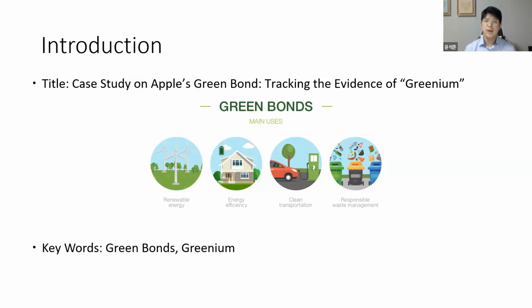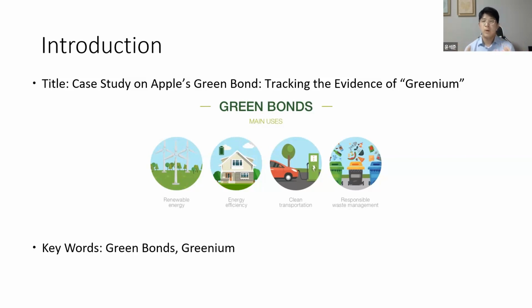You may have heard of the term green bonds nowadays because the green bond market is expanding right now. An easy way to explain a green bond is that it's really similar to a traditional bond. The only difference is that the proceeds are used in a project or environmental initiative that impacts the environment and makes the environment better.